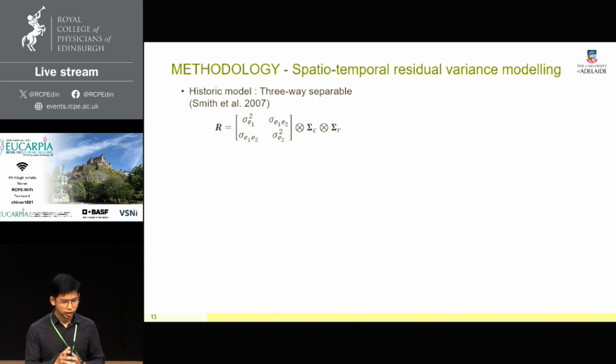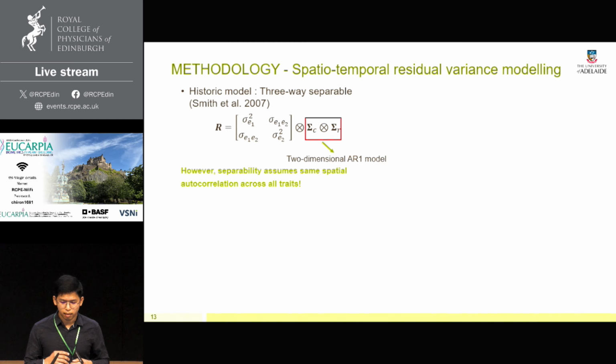So the first form of the variance covariance matrix here has been used in many multi-trait studies where you have a three-way separable structure, where the trait residual covariance matrix is a Kronecker product with the two-dimensional separable AR1 model in the rows and column direction respectively.